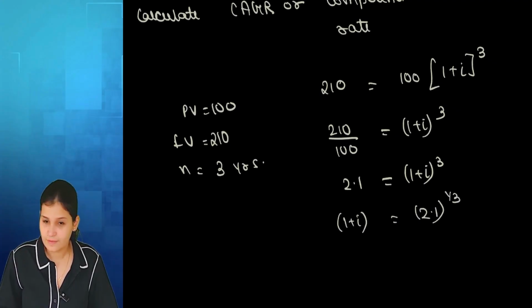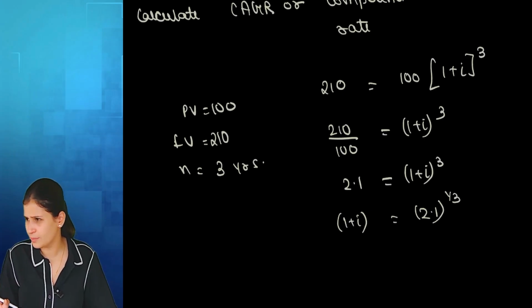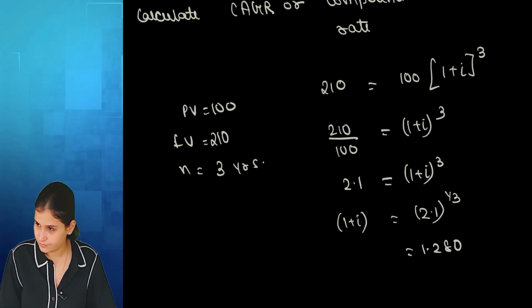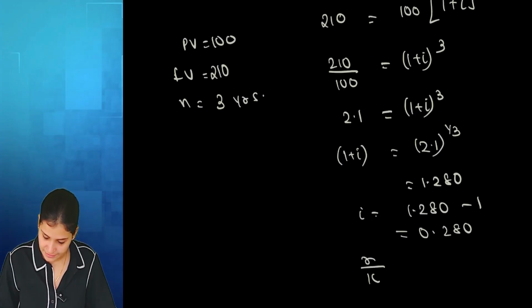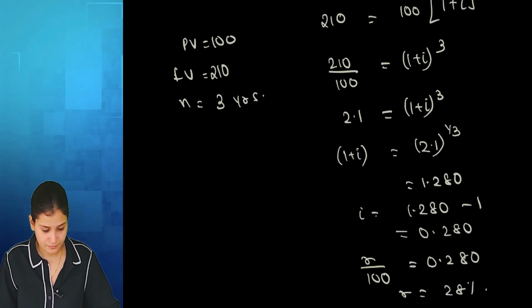Even though it will be provided, it's not a problem. 2.1 cube root will be provided to you; that is 1.280. i is 1.280 minus 1, and i is r by 100. So r is 28%.